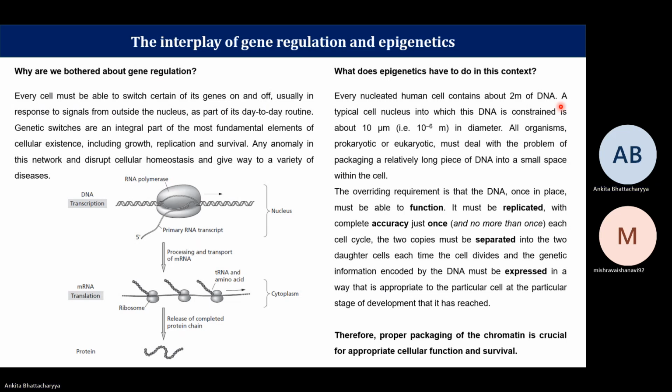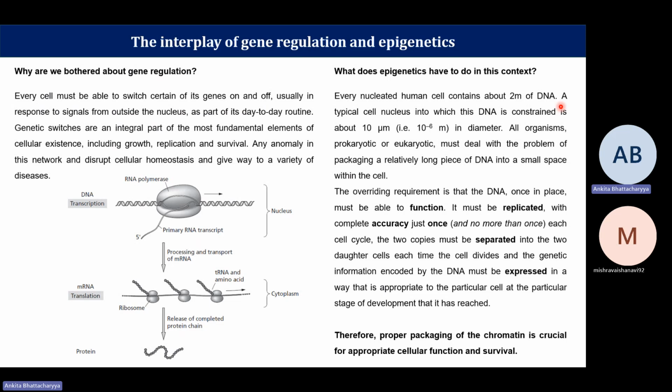Again, first, it must be able to undergo replication with complete accuracy, and the replication should only be carried out once in one round of the cell cycle, and not more than that. The two copies should get separated, which means that there should not be double the copy, and that is also to some extent controlled by the cell itself and by the cell cycle regulator proteins.